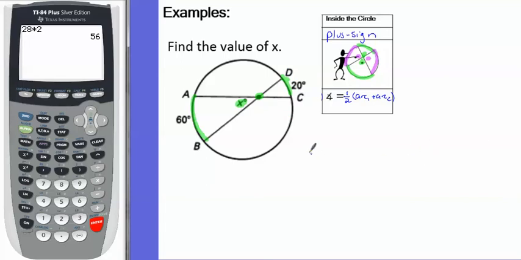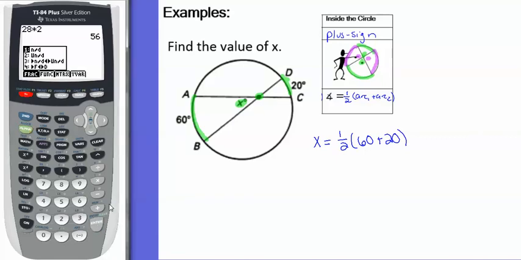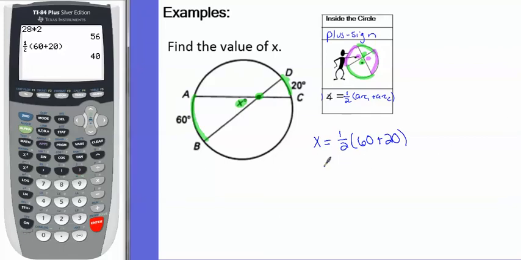So I know my angle, my X, is going to equal 1/2 of 60 plus 20. Now let's say I can't do that. I can always go over to my calculator, hit second y equals, put in 1/2, do exactly what you see here, parenthesis, 60 plus 20, and I get 40. So what does X equal? X equals 40 degrees.